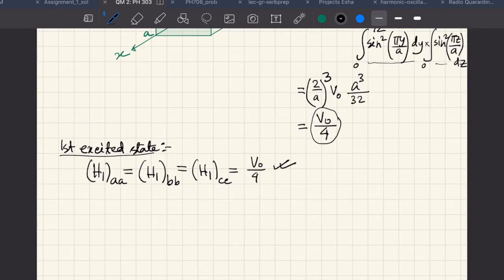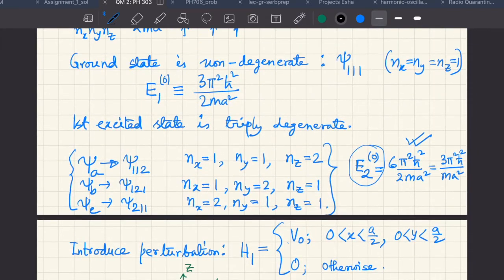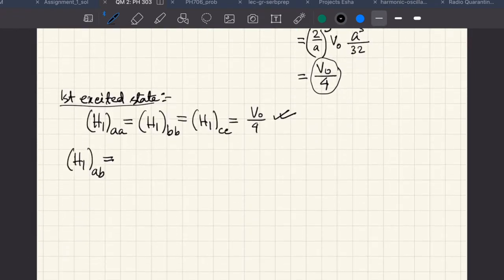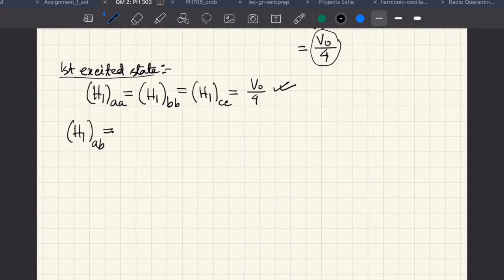For off-diagonal elements, for example, you want to calculate H1AB. Remember we were writing ABC to denote these three different states. So what is H1AB?